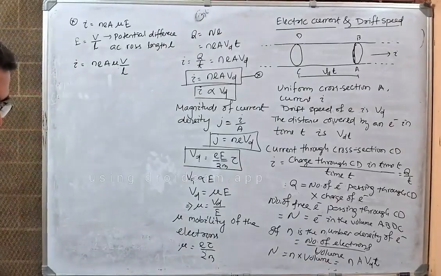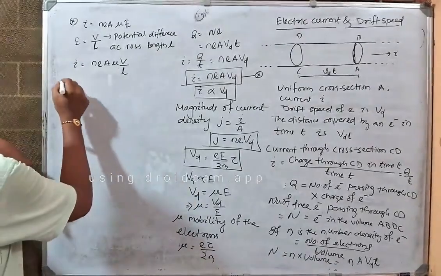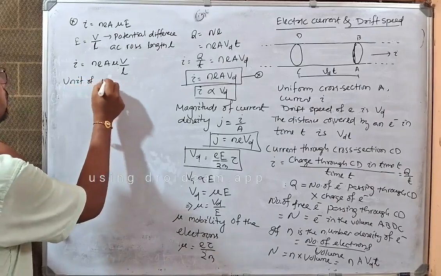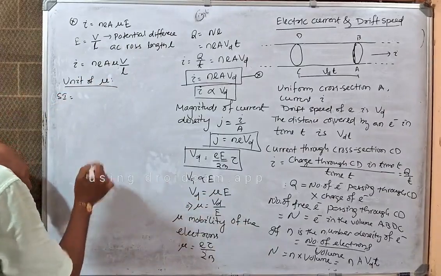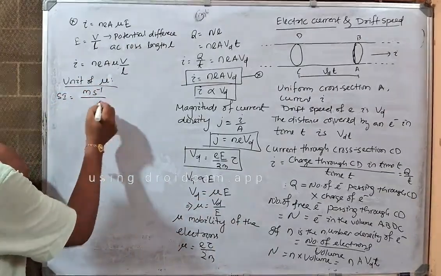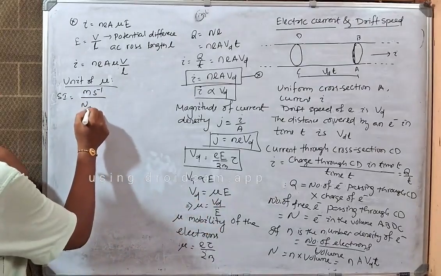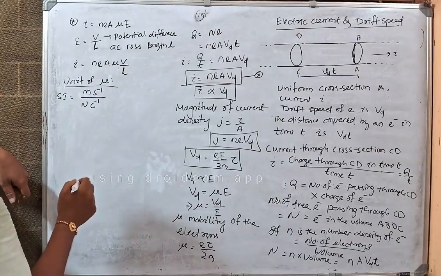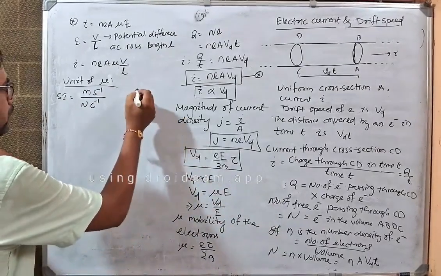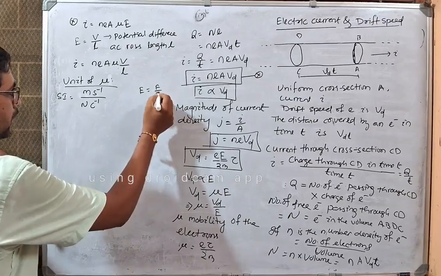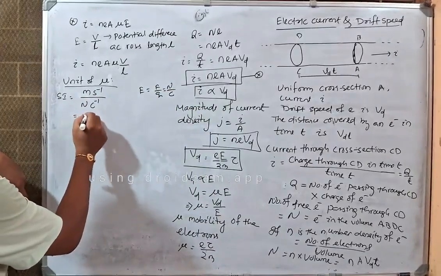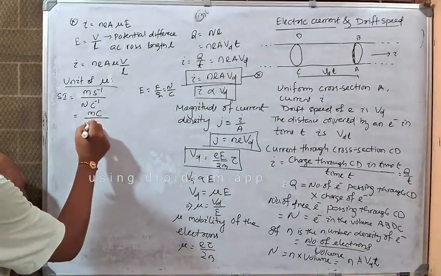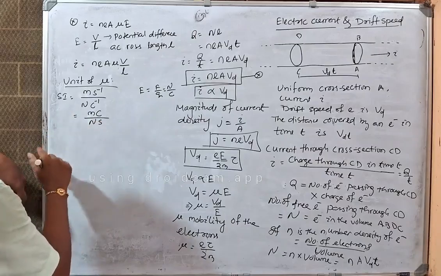So what is the unit of mu? SI unit. Mu is equal to speed by electric field. Speed is meter per second. Electric field is Newton per coulomb, force per unit charge. Force is Newton, charge is coulomb. So this will be meter coulomb per Newton second. It's the SI unit of mobility.